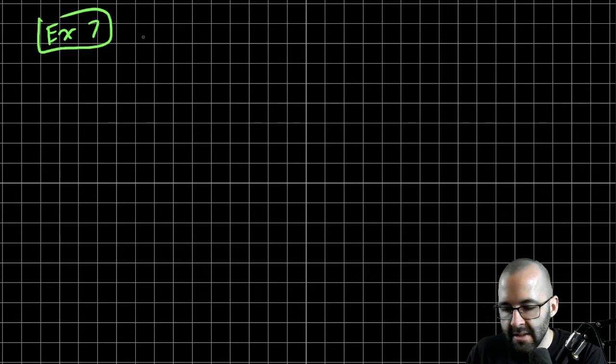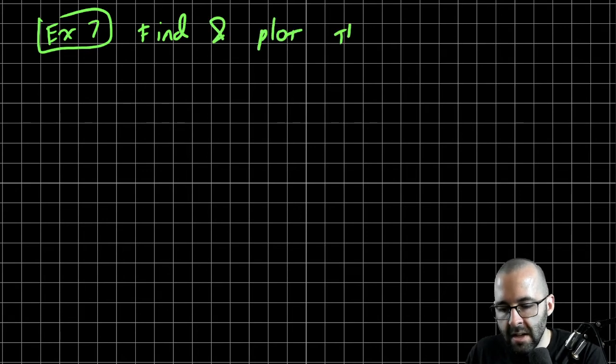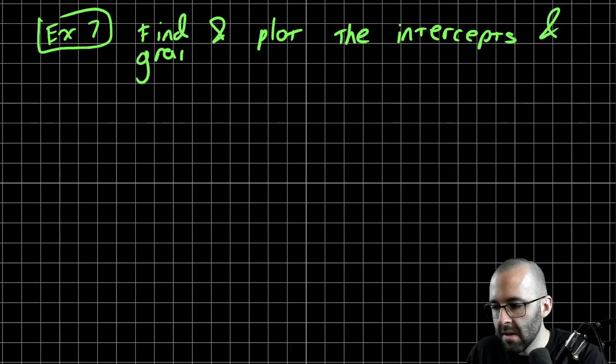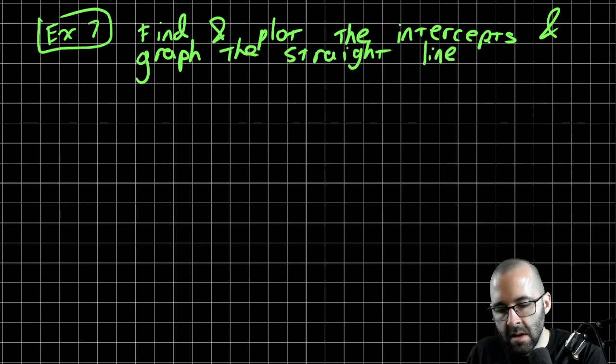All right, so over here we have another example. This is going to be example 7. It says find and plot the intercepts and graph the straight line based on these points.